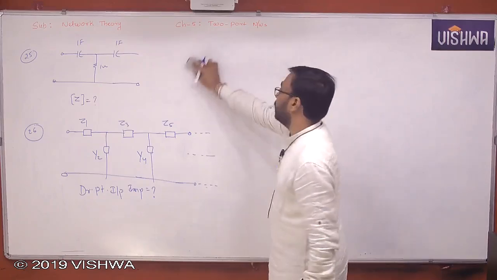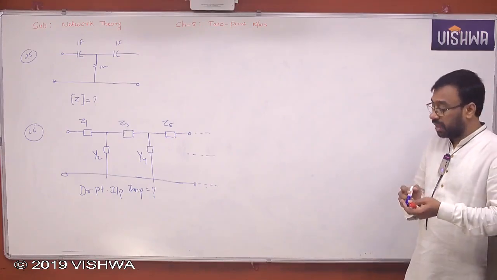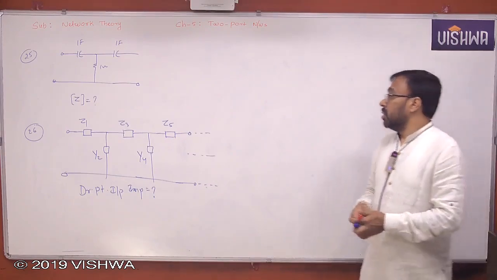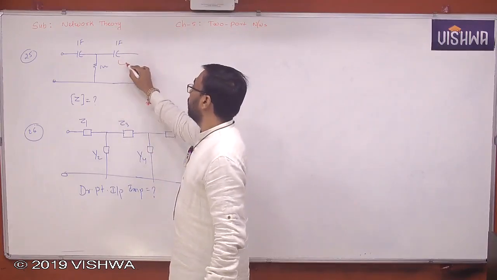All of those values can be determined in the S domain with all initial conditions set to 0. Clear? So the first important point to be observed is that you have to convert everything into the S domain.